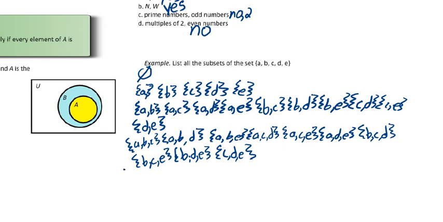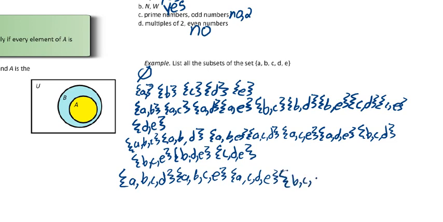I can move on to my sets of 4. I could have A, B, C, D. I could have A, B, C, E. I could have A, C, D, E. I could have B, C, D, E. And I could have A, B, D, E. I forgot that one.